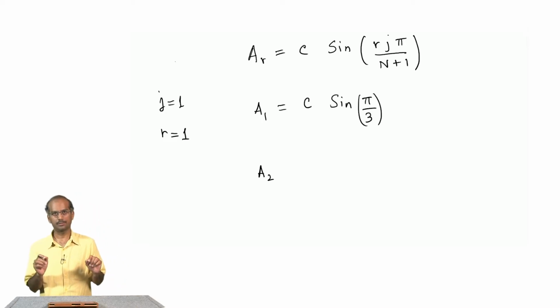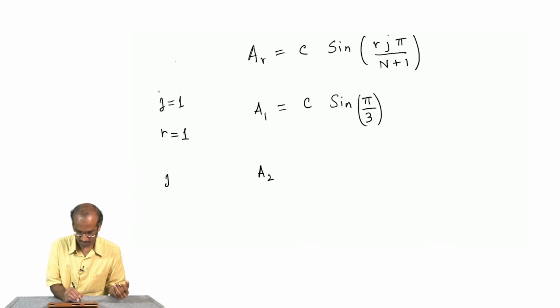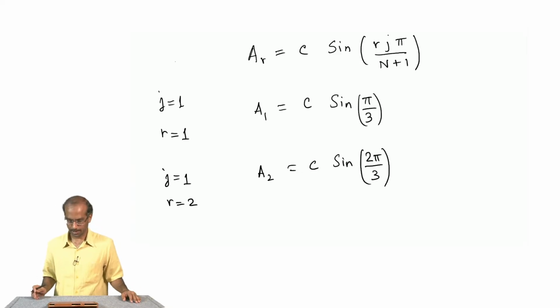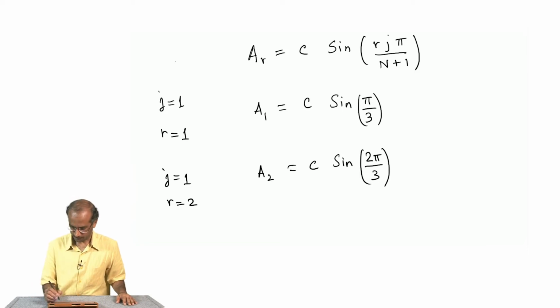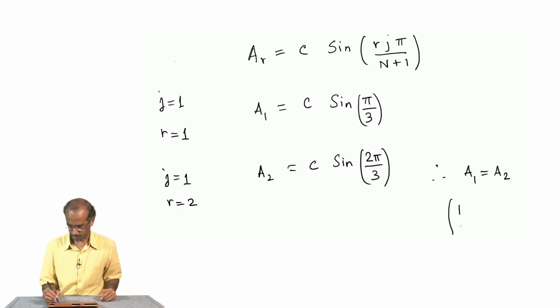There are 2 particles, and again we are still looking at the lowest frequency corresponding to j equal to 1 and now r equal to 2. So, that would give me C sin 2 pi by 3. Sin pi by 3 is equal to sin 2 pi by 3. Therefore, we can write A1 is equal to A2. So, this is our normal mode, or if we write it in vector form, this will be (1, 1). So, that is our normal mode.